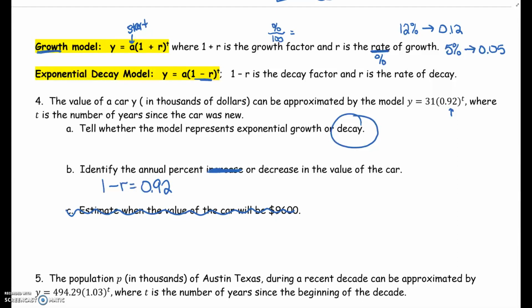So if we solve that equation, if we subtract 1 on both sides and then divide by -1, we end up with 0.08, which means an 8% decrease. Basically, think of it as 0.92, we're keeping 92% of the value, which means we're losing 8% of the value each year.